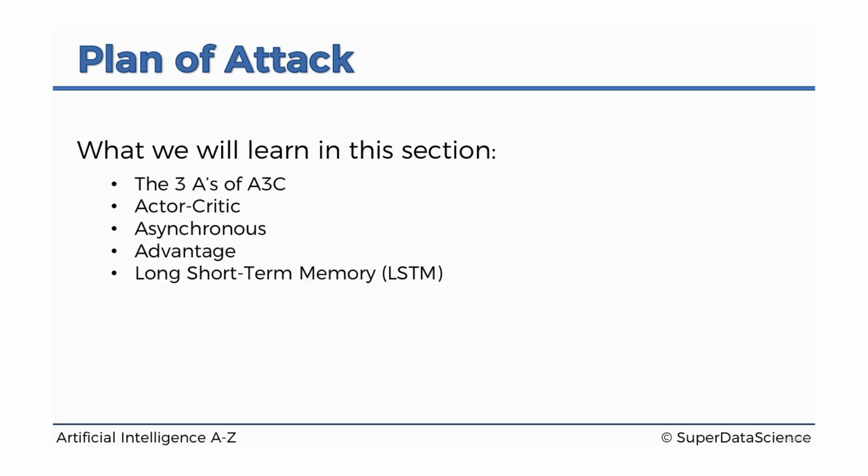And finally, we'll talk about some additional modules and elements that you can add to the A3C algorithm. The thing is that there are different versions of the A3C algorithm, different modifications, and already through the first 4 tutorials in this section, we will see some modifications, and at the end we will add an extra one, the long short term memory, LSTM.